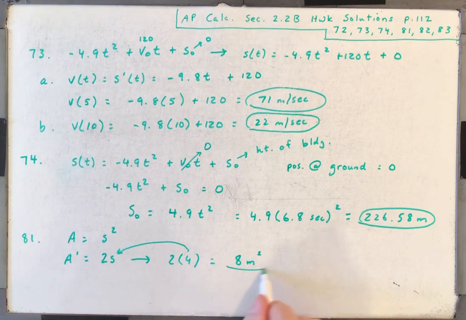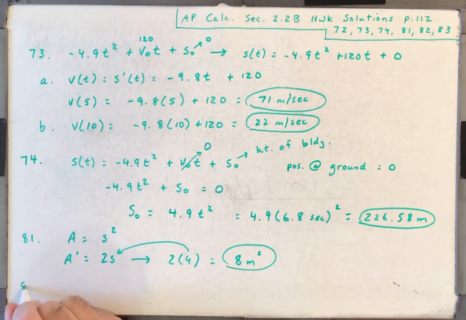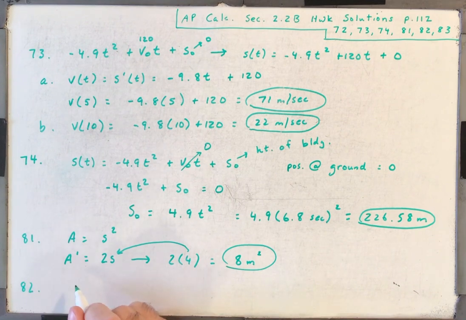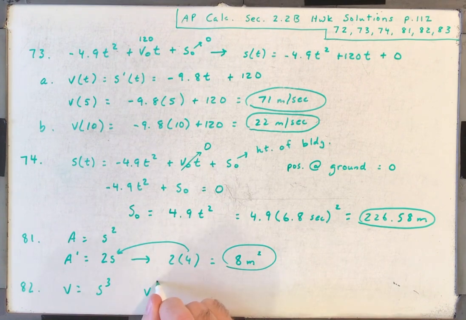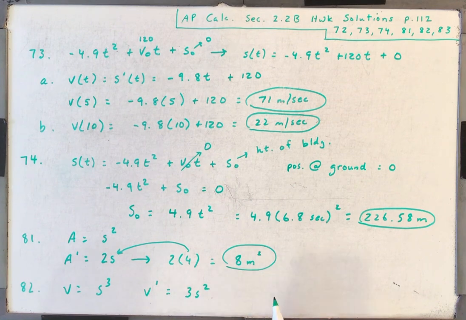All right. Then 82. Similar problem. This time we're talking about volume. We have volume equals s cubed. So the derivative of s cubed would be 3s squared. So the rate of change when s is 4 again. So 4 centimeters. So that'd be 3 times 4 squared.